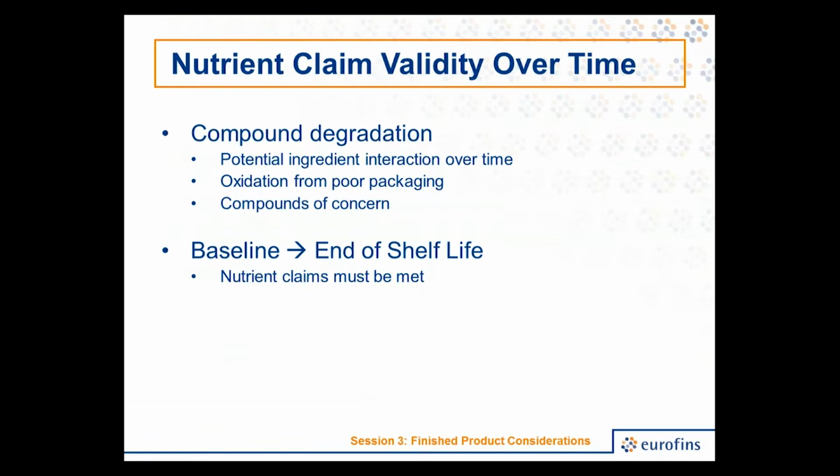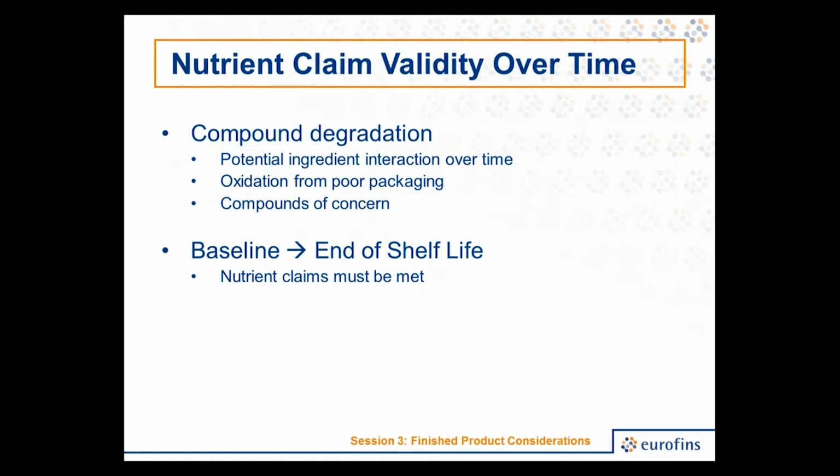So with regards to other shelf life considerations, obviously rancidity is a key one for products that contain a high amount of fat, but more broad spectrum, most products have some sort of nutrient claim.